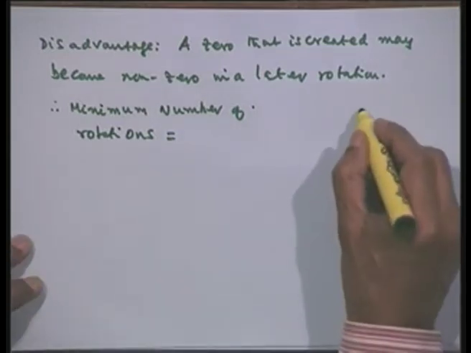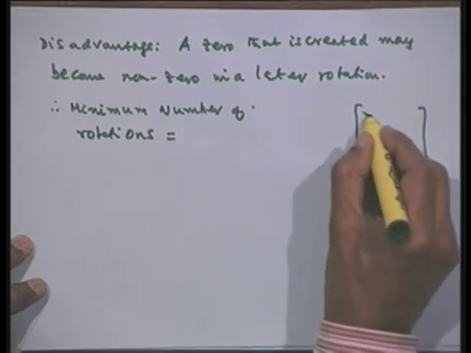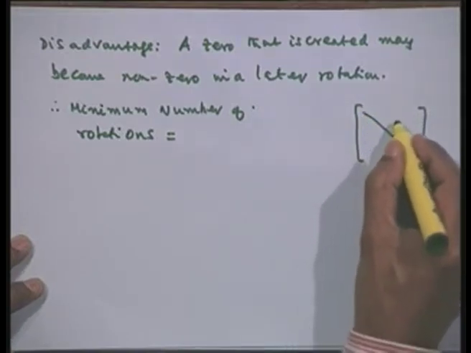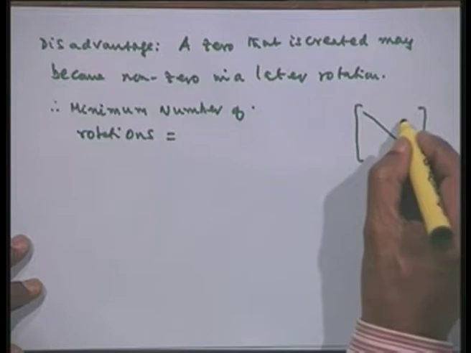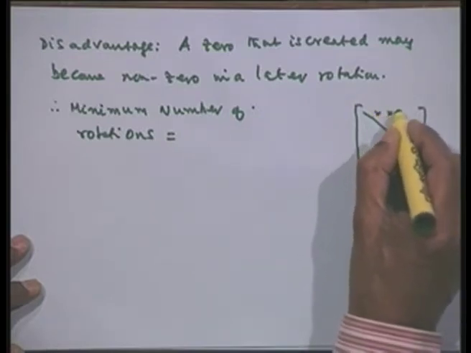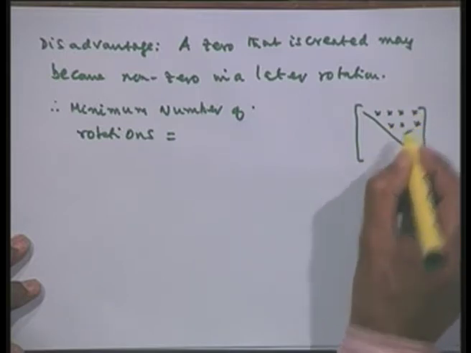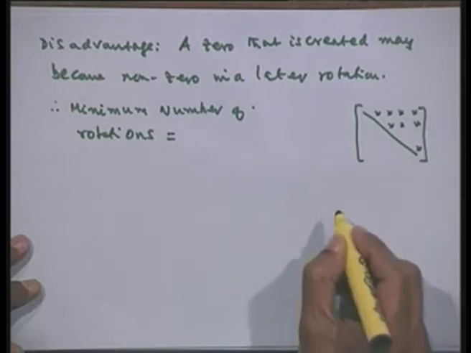Now, let us see what is the number of elements that we will have to bring to 0. We are now on the diagonal. Because of symmetry, the Aij element is equal to Aji element. Therefore, I need to bring these n minus 1 elements to 0, then I have to bring n minus 2 elements to 0, and finally 1 element to 0.